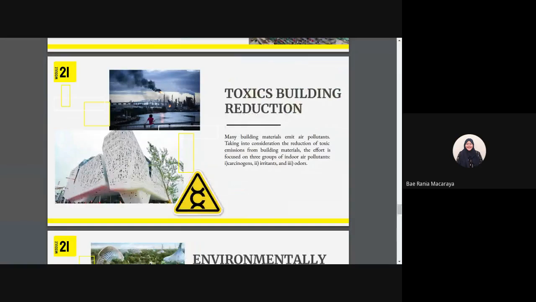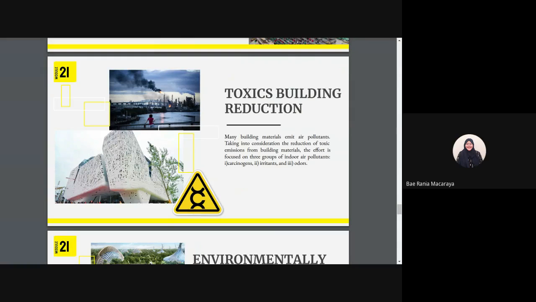Toxic emission reduction. Many building materials emit air pollutants. Taking into consideration the reduction of toxic emissions from building materials, there are three groups of indoor air pollutants that need attention in order to produce a non-toxic building. These are carcinogens, irritants, and others.